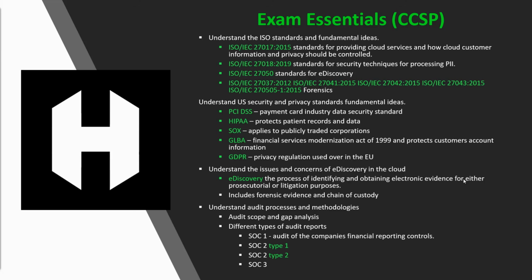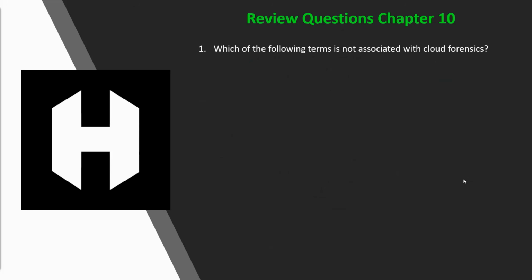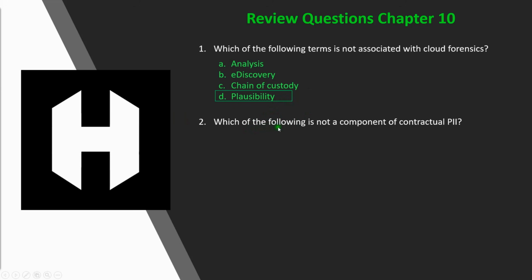So let's go ahead and jump into some of the review questions. Question 1. Which of the following terms is not associated with cloud forensics? A. Analysis. B. E-discovery. C. Chain of custody. Or D. Plausibility. If you said D, plausibility, you would be correct. Question 2. Which of the following is not a component of contractual PII? A. Scope of processing. B. Use of subcontractors.